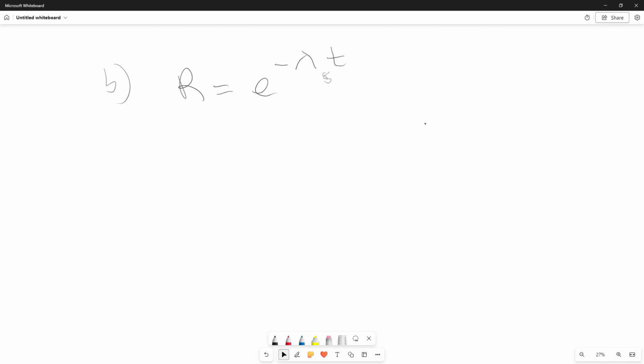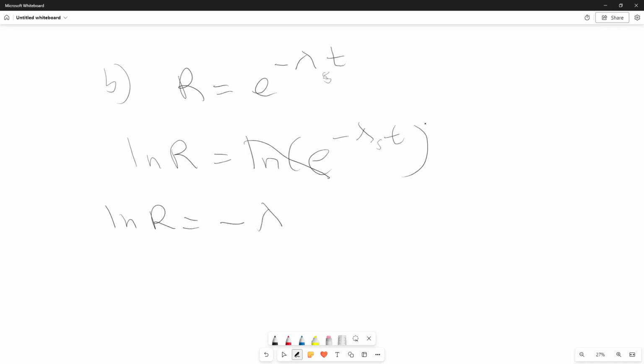So we could work this out. If we take the natural log of both sides, we have ln R equals ln of e to the negative lambda s t. When you take the natural log of e, this just cancels, so you're left with ln R equals negative lambda t.